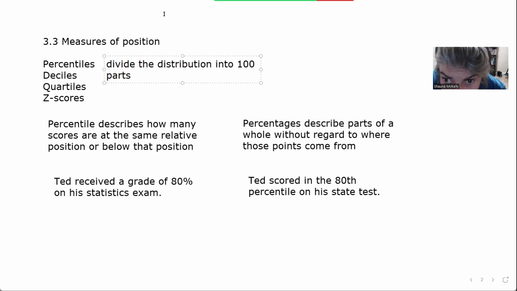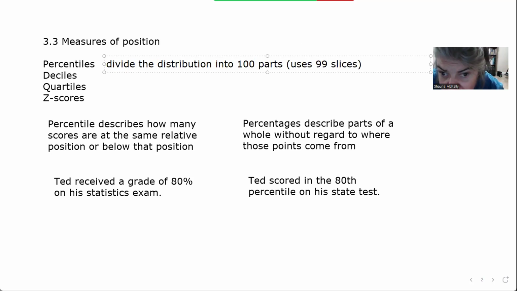That's what percentiles do, okay? I'm going to remind you that that uses 99 slices or cuts, if you will. So you're not going to find 100 percentiles, you're going to find 99 because there are 99 slices.